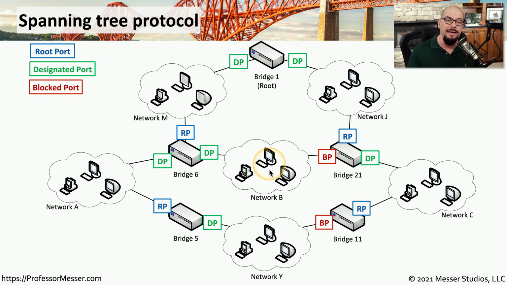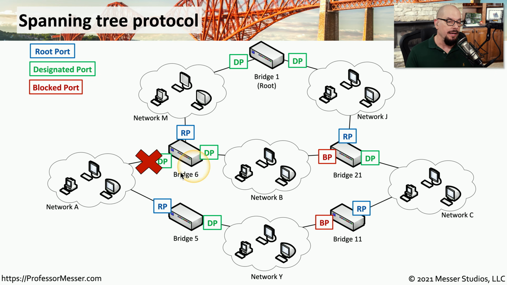But of course, on many networks, there could be an outage. Maybe someone cuts a cable or accidentally unplugs a particular interface, and suddenly the connection between network A and bridge 6 is severed. Spanning tree protocol will recognize that there's been a change to the network, and it will converge and recreate the design of the network based around this change.